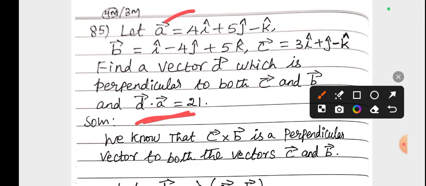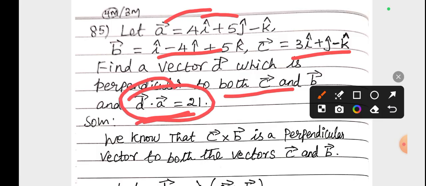Here A vector is 4i cap plus 5j cap minus k cap. B vector is i cap minus 4j cap plus 5k cap. C vector is 3i cap plus j cap minus k cap. We want to find the vector D which is perpendicular to both C vector and B vector, and D vector dot A vector equals 21. Clear?